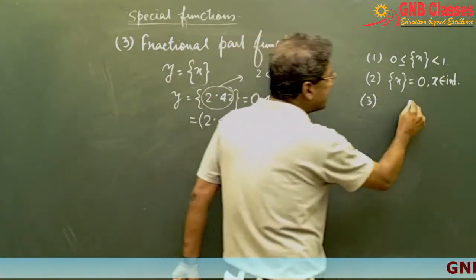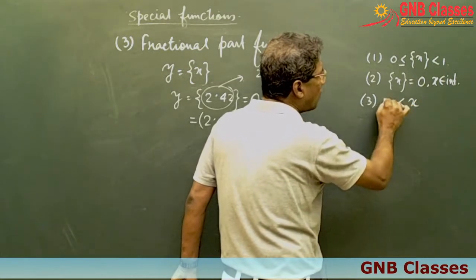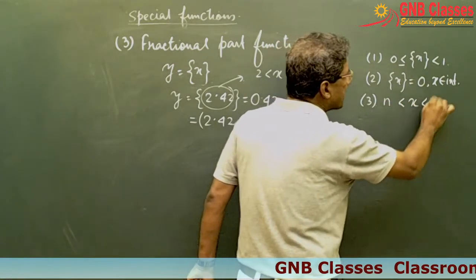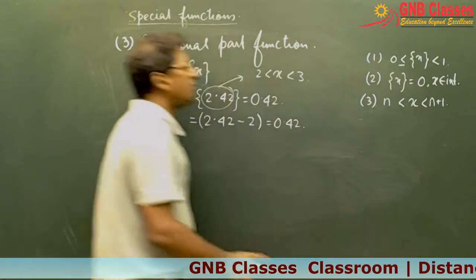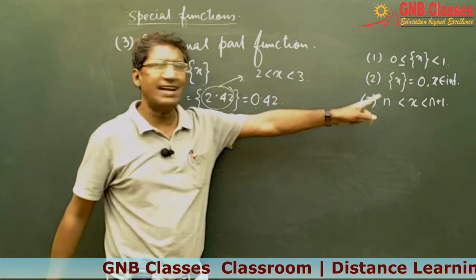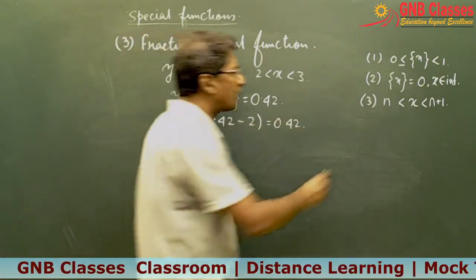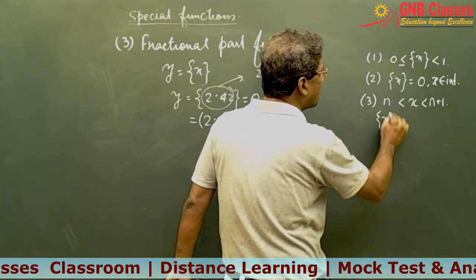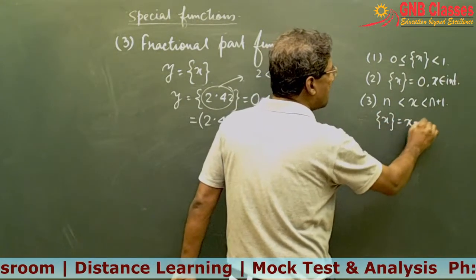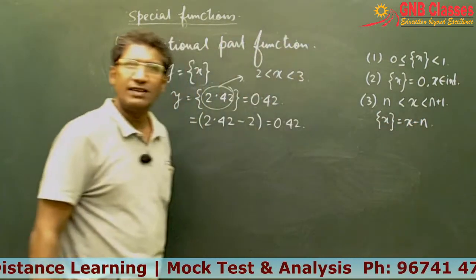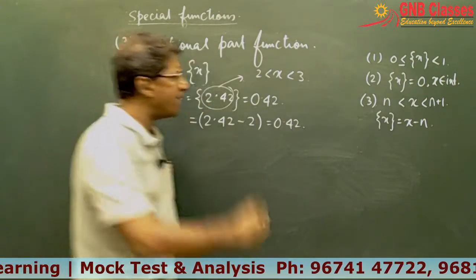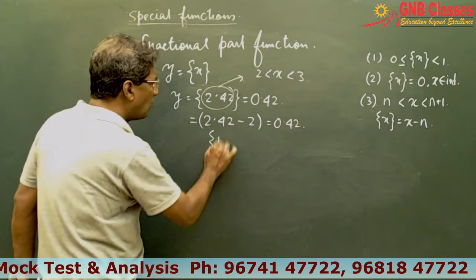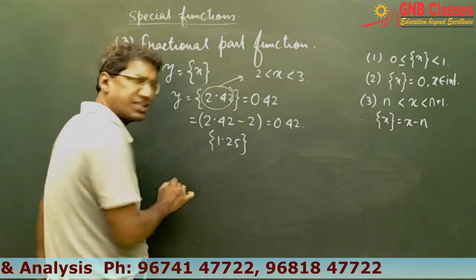That is what I want to say. Let us say for an example, if x lies between n and n plus 1, then you will write your fractional part of x as x minus n. Is it clear? You can check any value. Let us take 1.25. What is the fractional part of this?